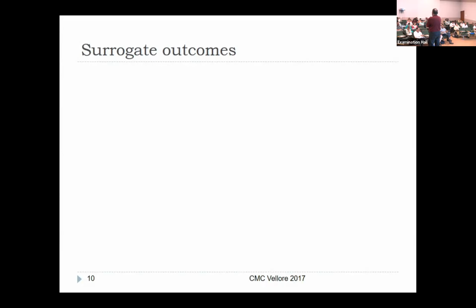You may be really interested in preventing heart disease, but you actually use another outcome, which is lowering of the cholesterol. So you may be interested in studying a stroke, but you look at studying the drop in blood pressure.